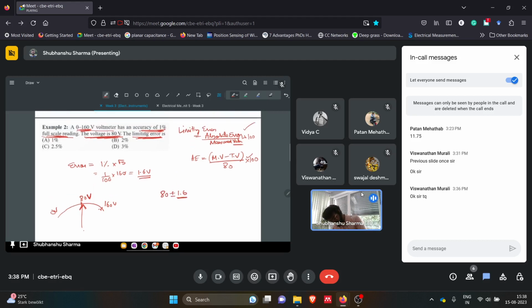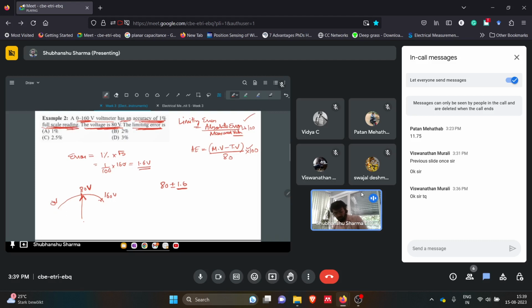Because they have mentioned that whatever it reads has an accuracy of 1% of full scale reading. Full scale 1% is 1.6, so there will be plus or minus 1.6 volts in that measured value. Although we are seeing 80 volts on that meter, according to the manual of that meter we can say it can either be 80 plus 1.6 or 80 minus 1.6.